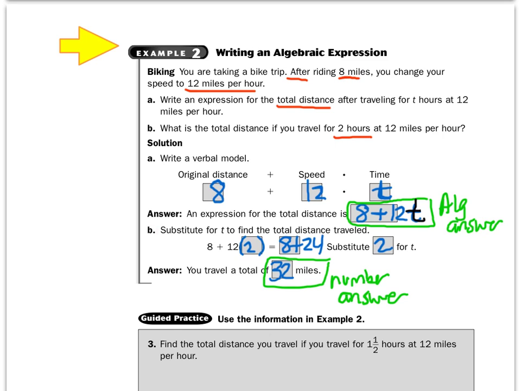And then for part B, we just substitute for t to find the total distance traveled. So they just want us to plug the 2 hours in. So it's 8 plus 12 times 2. So I have to do the multiplying before I add, so that gives me 24. And then 8 plus 24 would give me 32 miles. And that's our number answer because we don't have a variable anymore.